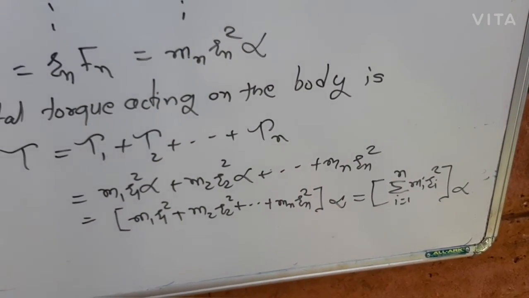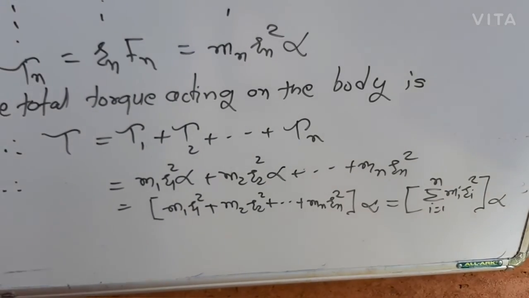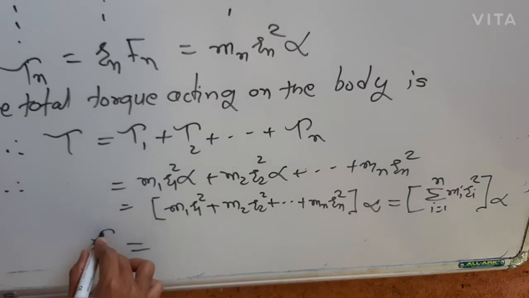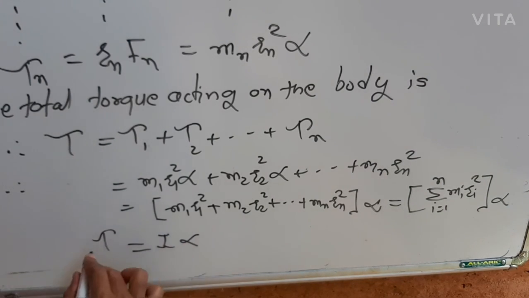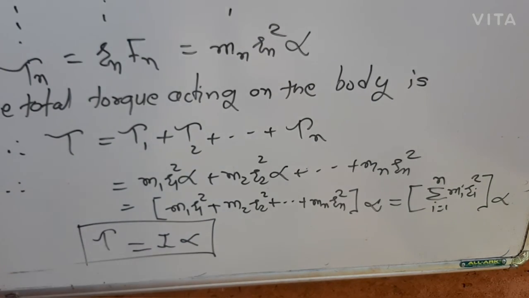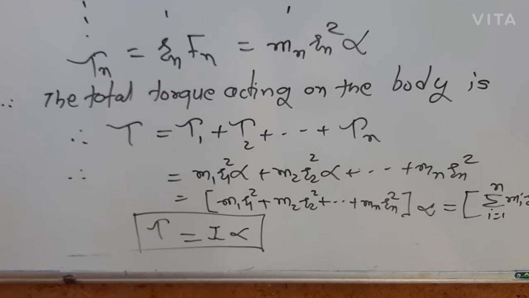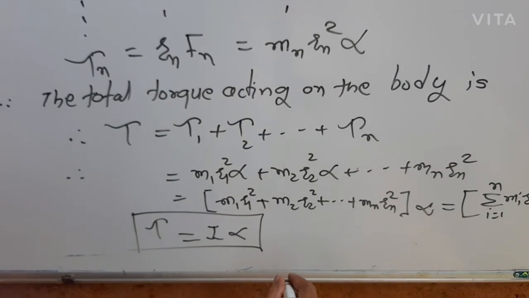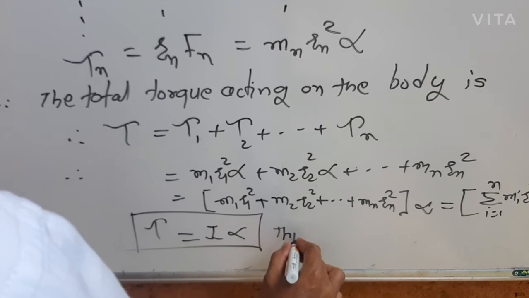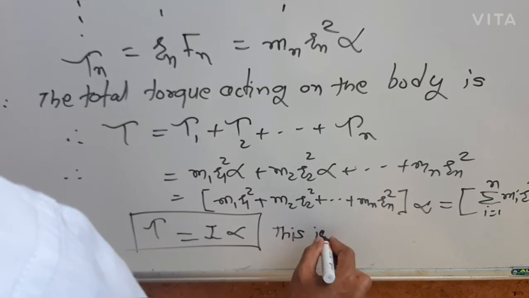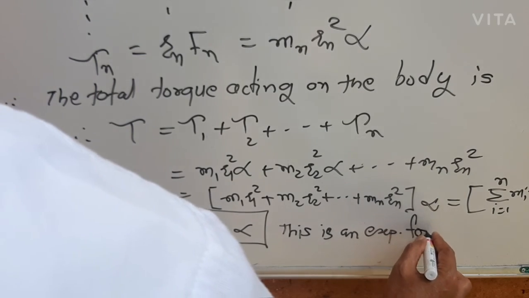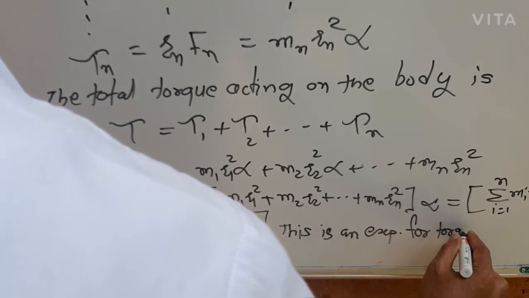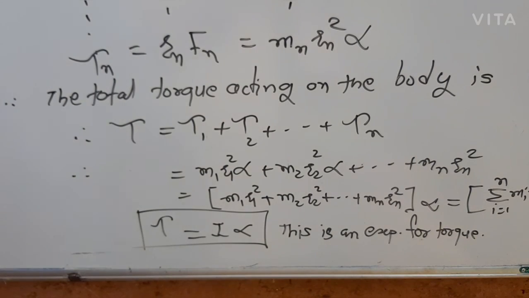Therefore our last and main point is tau is equal to I into alpha. This is our required expression. Write down, this is an expression for torque.